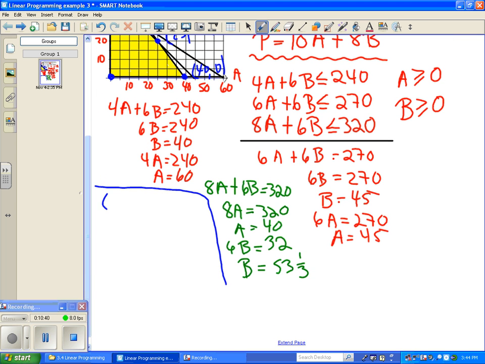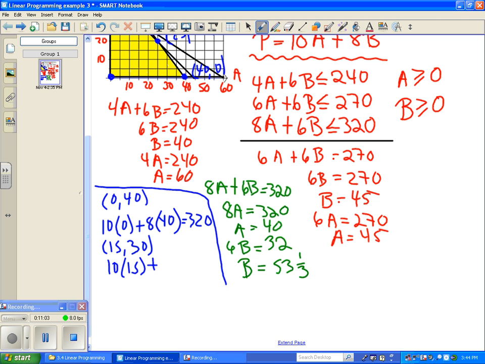For (0, 40), we have 10 times 0 plus 8 times 40, which gives us 320. For (15, 30), we have 10 times 15 plus 8 times 30, which equals 390.